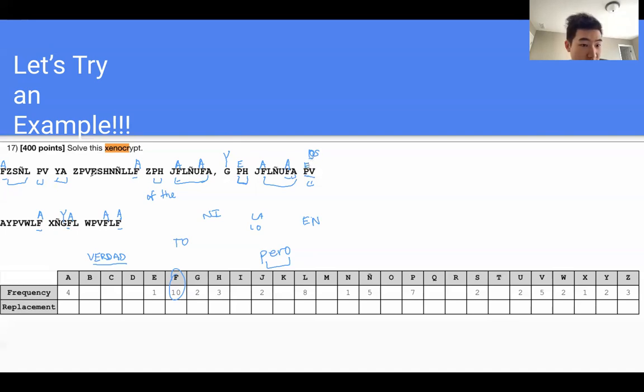Oh my gosh. This word does look kind of weird though, but it's definitely possible in Spanish. Oh, okay. I think I know what this word is. E is. Yeah, okay, yeah, we're on the right track now.